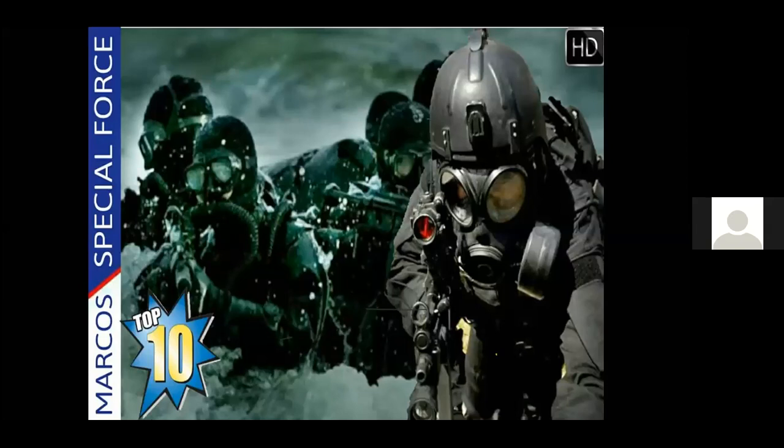So purposefully I have just taken it as it is, the Marcos Special Force top 10. One of the top 10 special forces of India, among them the Marcos Marine Commandos are there. You can see their different uniforms. When they are in the water, they always wear these kinds of uniforms.